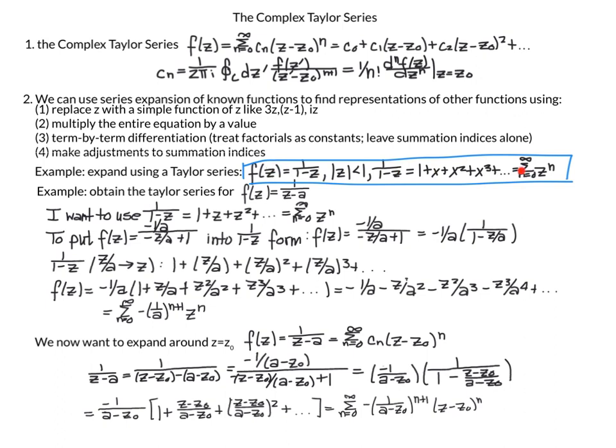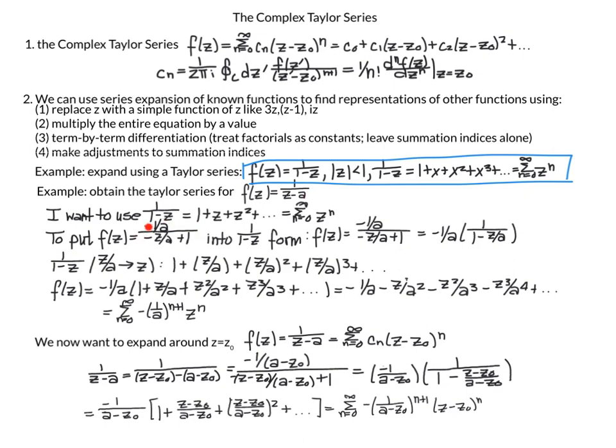So once we had a couple of Taylor series expansions, we used it again to find representations of other functions. And our first example was f of z equals 1 over z minus a. To get it in this form, we have a z, but we didn't want an a, we wanted a 1. So we divided everything, the numerator and the denominator, by a.